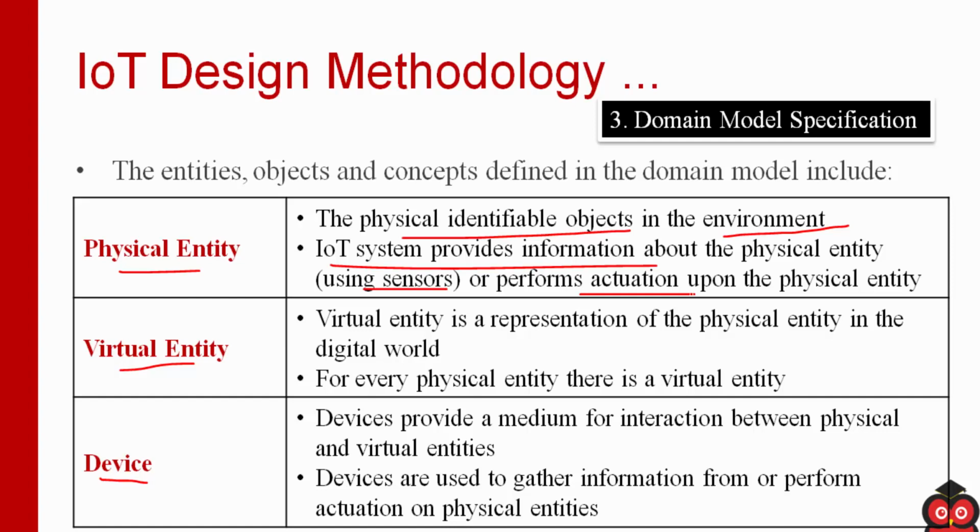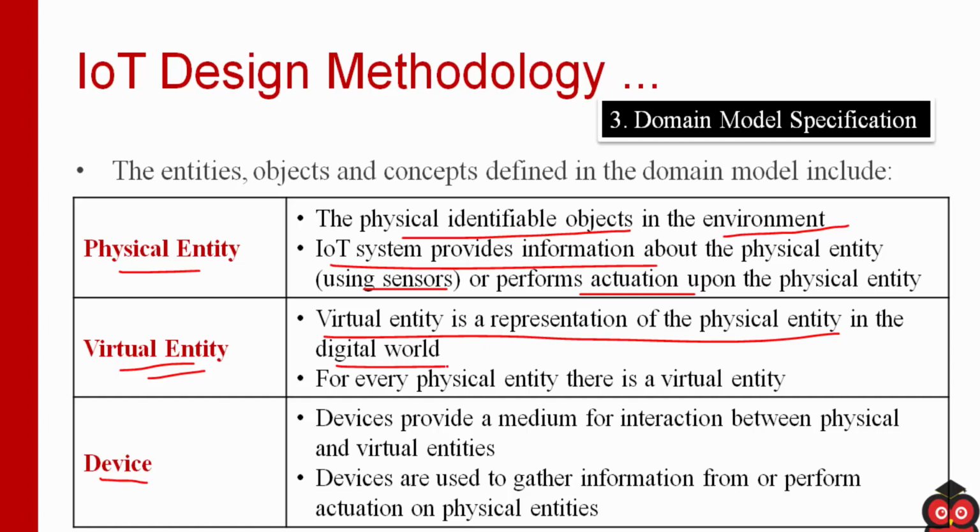Next, virtual entity. What is a virtual entity? Virtual means some kind of artificial thing, which is not really there. So a virtual entity is a representation of a physical entity in the digital world.